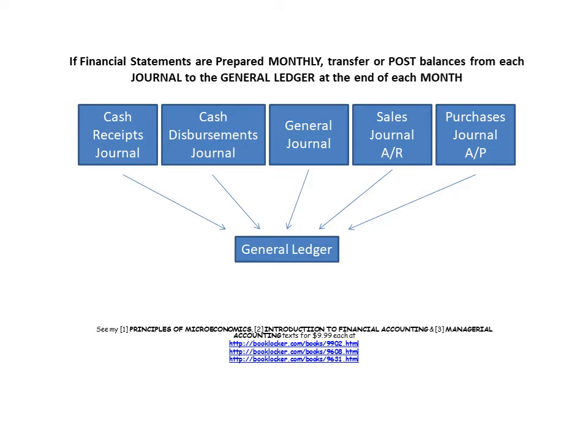Go through this PowerPoint a few times, digest it, think about it. Each and every journal is nothing more than an Excel spreadsheet, where the general journal, of course, has all the transactions that do not fit in the original books of entry, where we store all of our like transactions. Thank you.